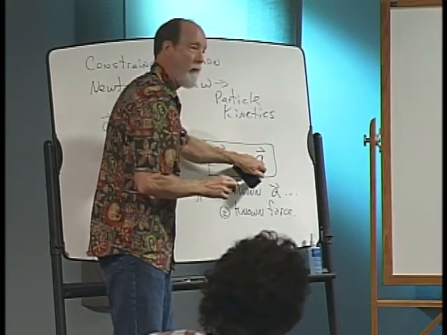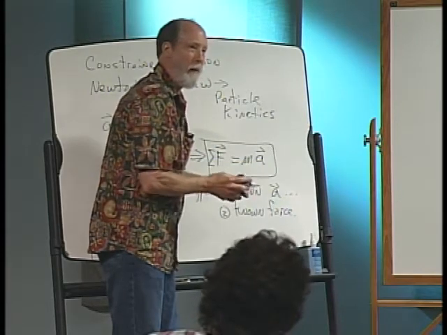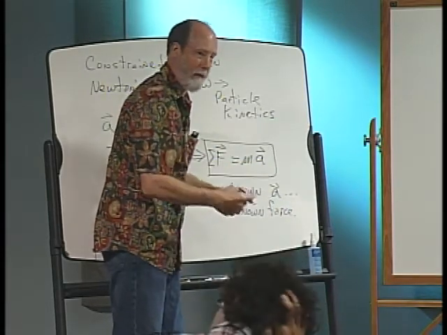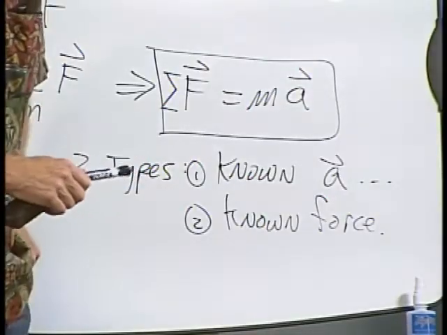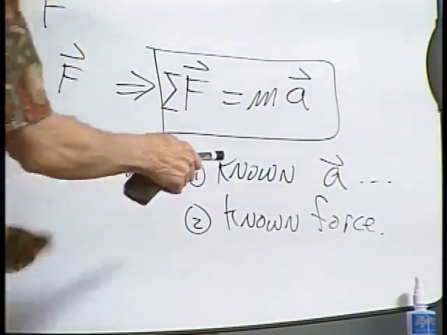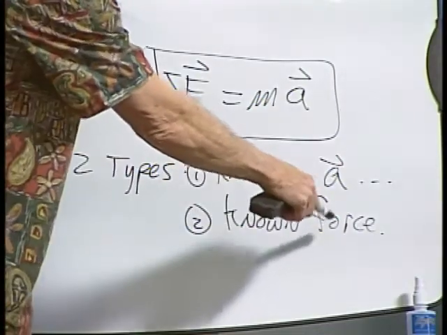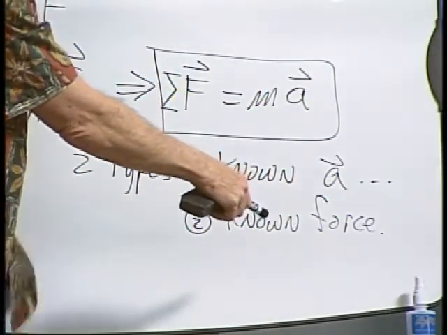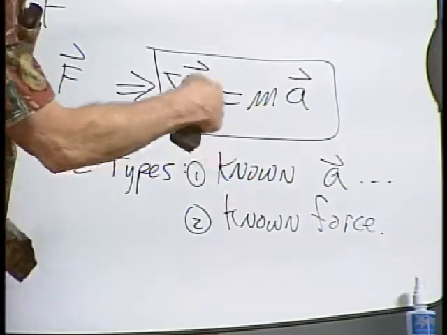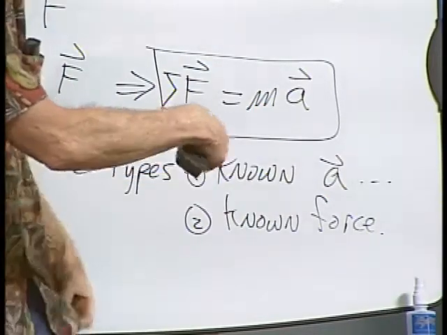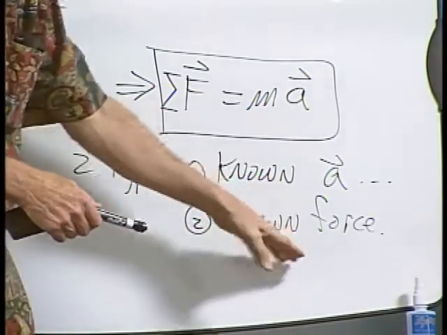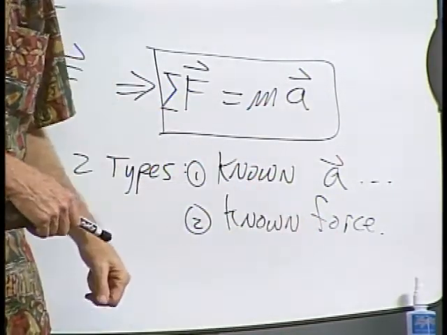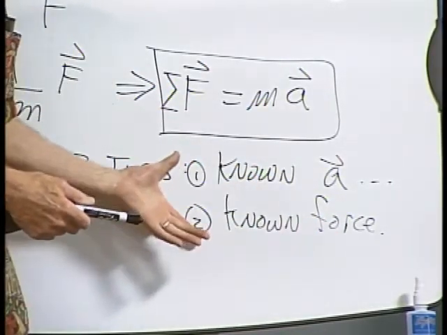You then have a description of the acceleration, and then from that acceleration, you can do what? Well, you could carry out your math that you've been learning the last few weeks, and you could figure out potentially the velocity and maybe even the location of where the particle might be after it's been subjected to some known forces. So those are the two fundamental types of problems.